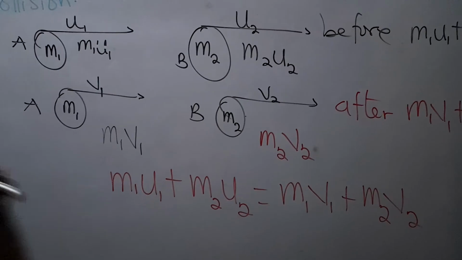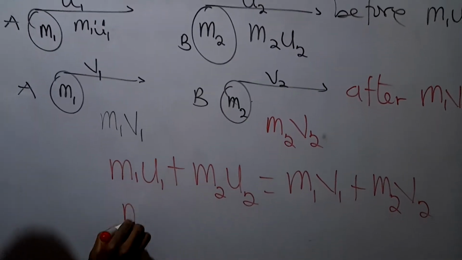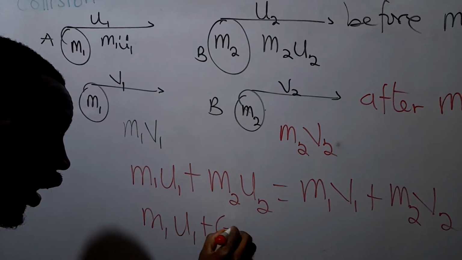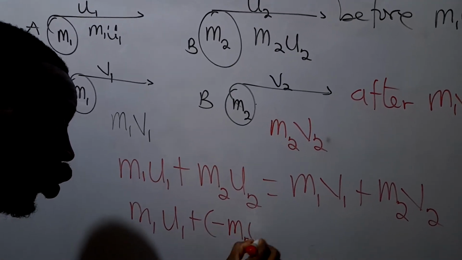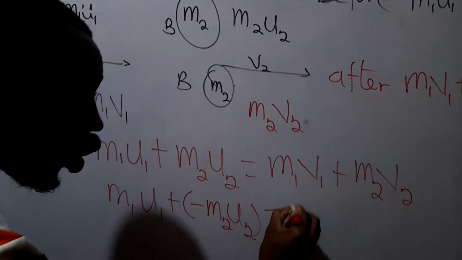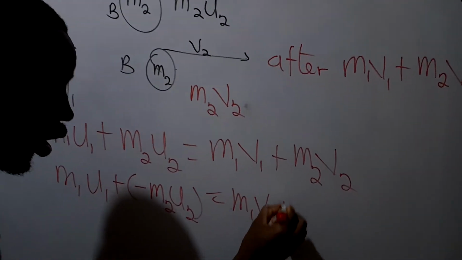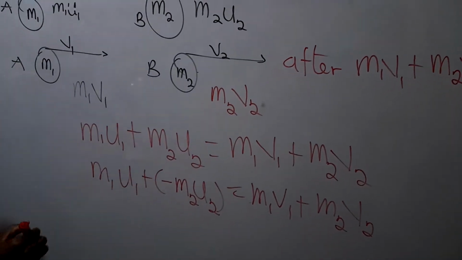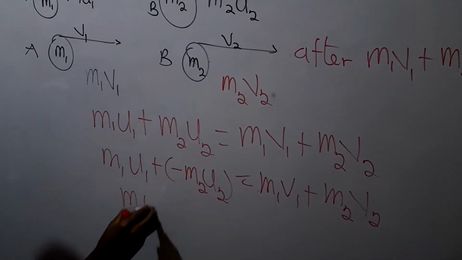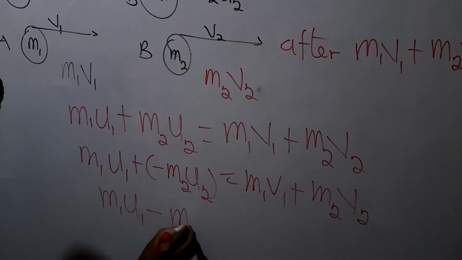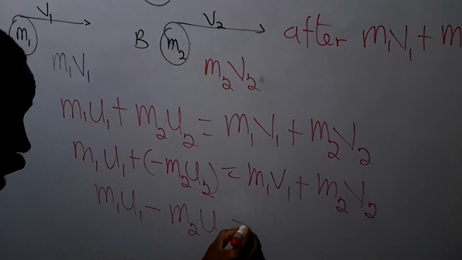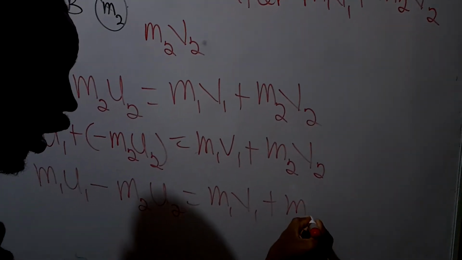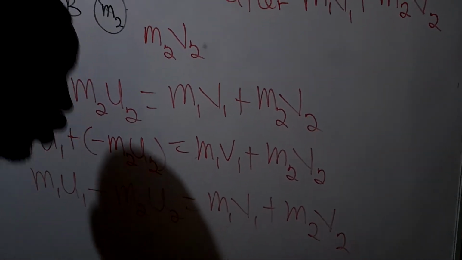So when we negate this, we can say m1 u1 plus negative m2 u2 will be equal to m1 v1 plus m2 v2. So we have m1 u1 minus m2 u2 equal to m1 v1 plus m2 v2.